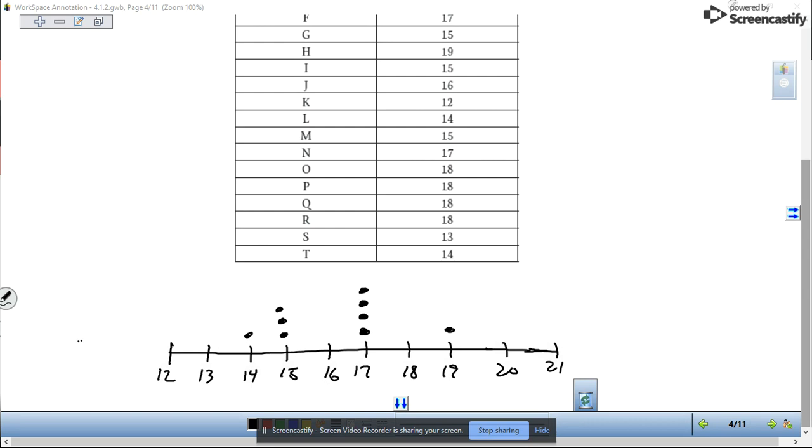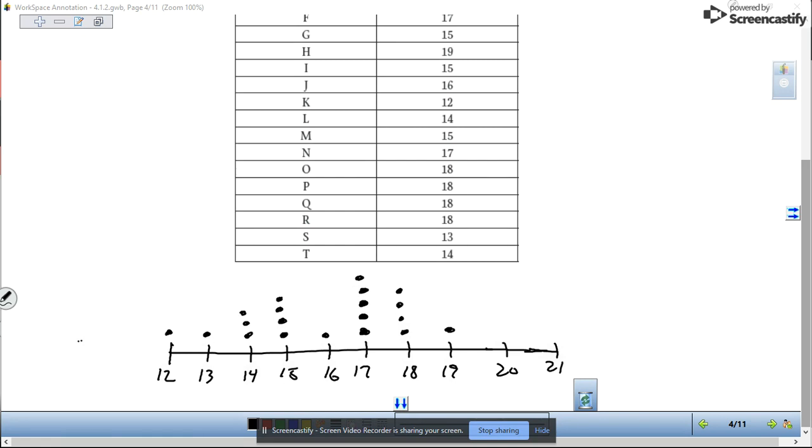So 15 and 16. 12 and 14, 15 and 17, 18 four times. So 1, 2, 3, 4, and then 13 and 14.